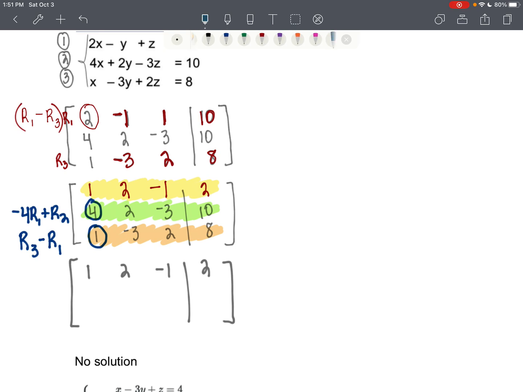I'm going to change the green row by making it the result of -4 times the yellow row plus the green row. I really want to make sure that you understand this.